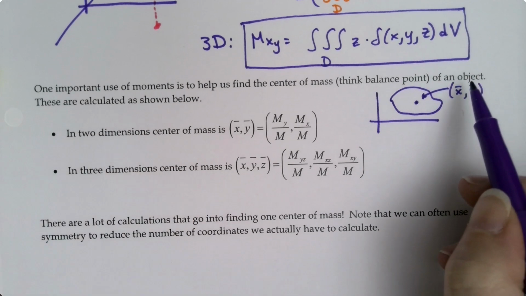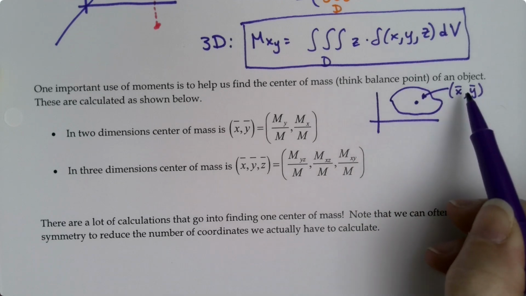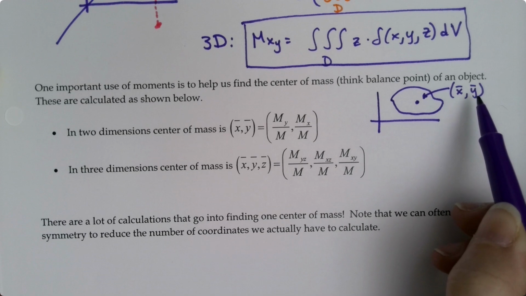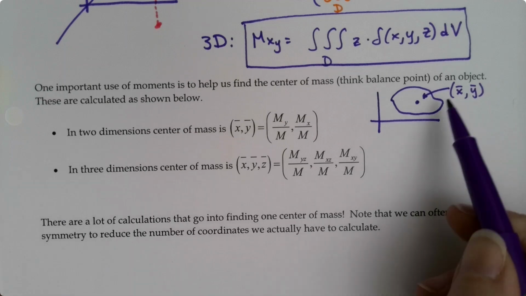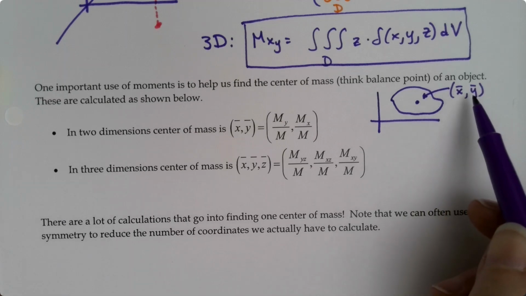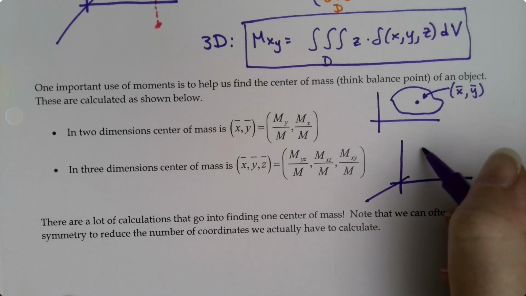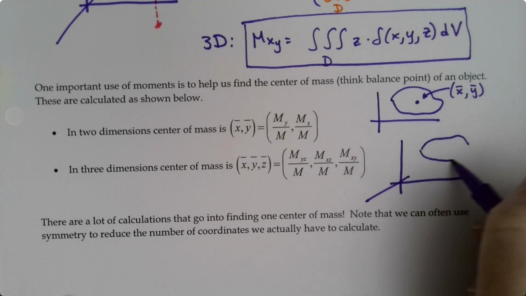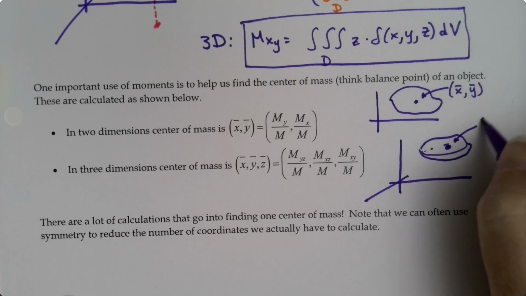If you've ever taken a statistics class, you've learned that the bar on top of the x or y means the mean, right? It means the average, which in our application would be the center of mass, right? The center of the x's, then the center of the y's. And then in a three-dimensional object, it'd be some object, and then the center of mass for that object, which would be where it would balance.